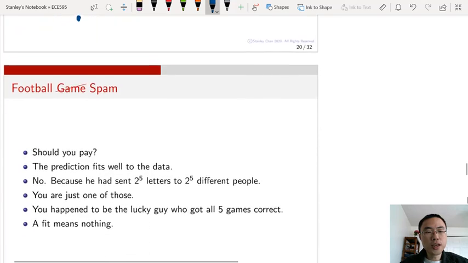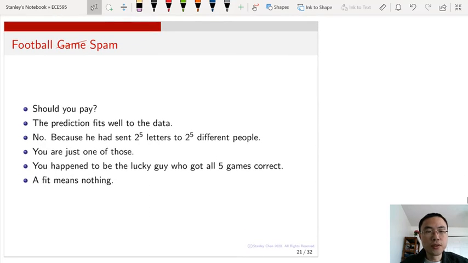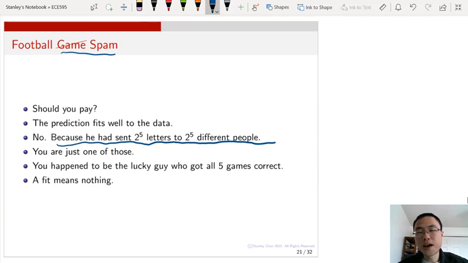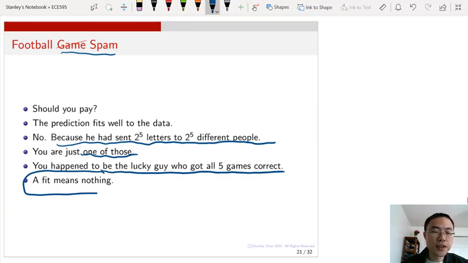So this is really what we call not a football game, but a football spam. Should you pay? The prediction fits well to the data. No, because he has sent 2 to the power 5 letters to 2 to the power 5 different people, and you are just one of those. And you happen to be the lucky guy to get all the 5 games correct, and it really means that fitting does not mean anything.